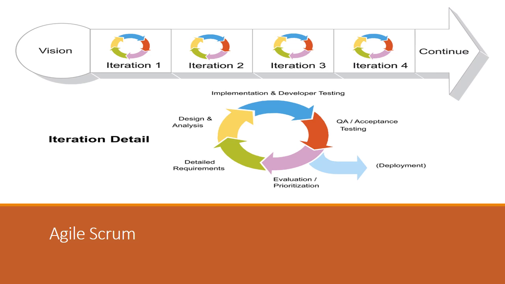Basically, we break the project up into smaller deliverables. Each iteration could be a set of features, if you will. And during each iteration, you're doing the design and the detailed requirements, the design and the analysis, the development, the QA acceptance testing, and then eventually the hope is that you'll have a shippable product.